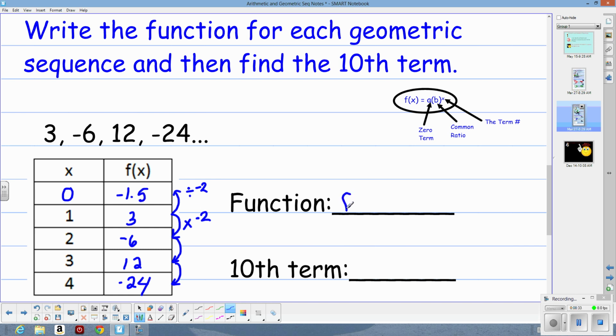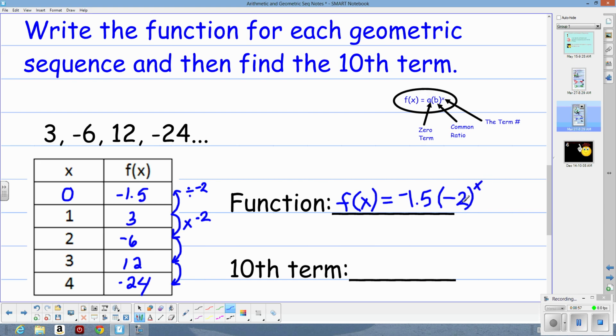So my function is going to be f(x) equals the 0 term, or negative 1.5, times the common ratio, which is negative 2. That's what we're multiplying by every time. And then to the x power.